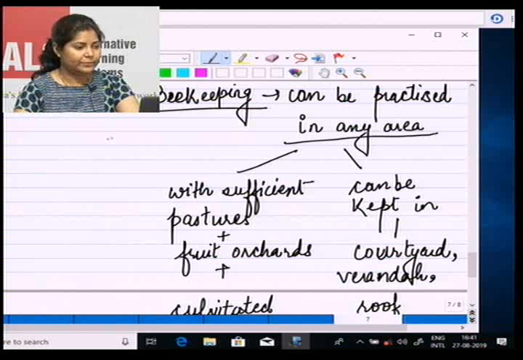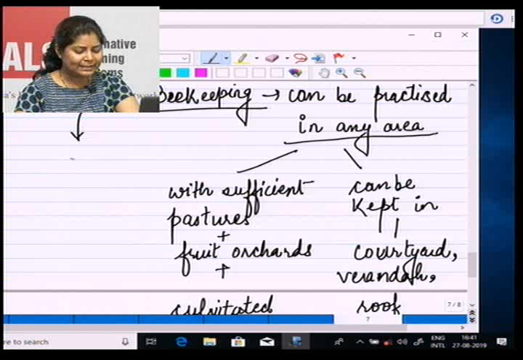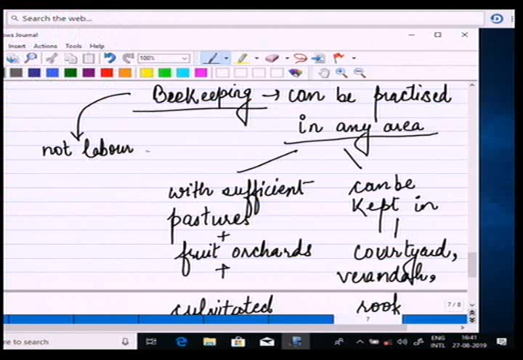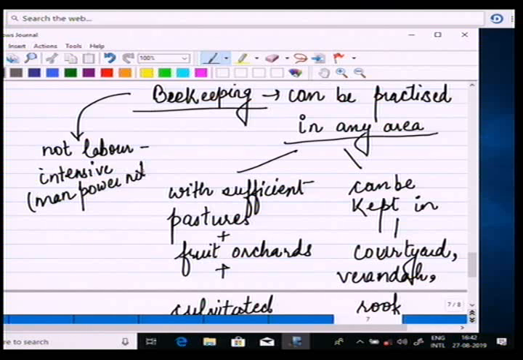Now, what we have to understand is that this does not require a lot of labor. It does not employ a huge group of people, not labor intensive. We don't need much manpower. We don't need many people. We don't require manpower such that we have to employ 15 people for this purpose.